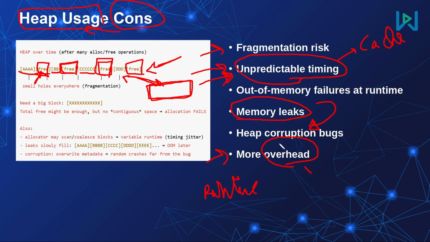Heap corruption bugs means the content of the heap will be corrupted due to the heap area overflow, so going out of the boundary of the heap, or because we are having a lot of fragmentation that may lead at a certain moment to corrupt certain bytes here or there.